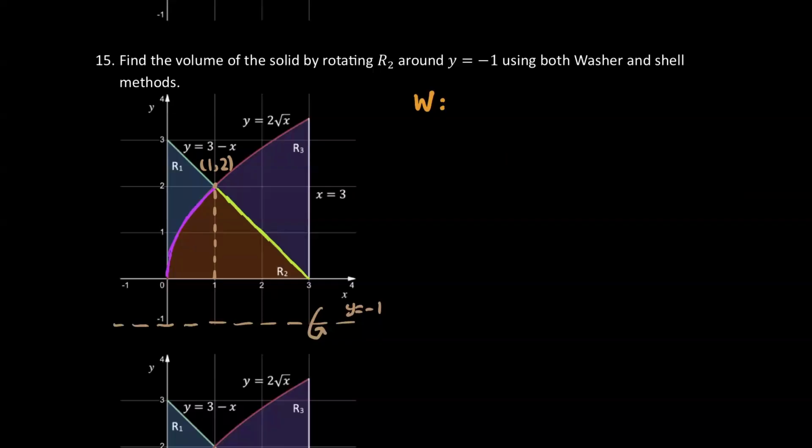Okay, so let's see. The left portion, this will be the big R because it's further away from the axis of rotation. And this part will be the inner r. It's closer to the axis of rotation.